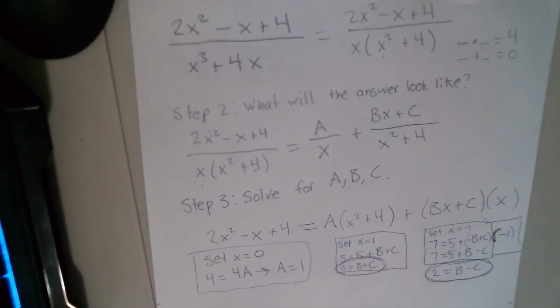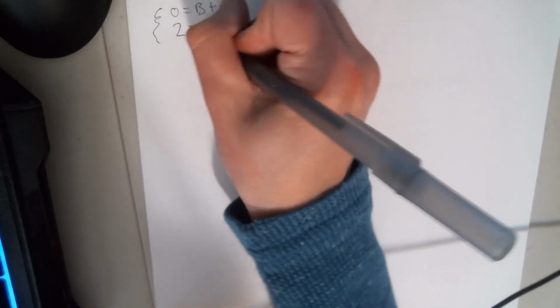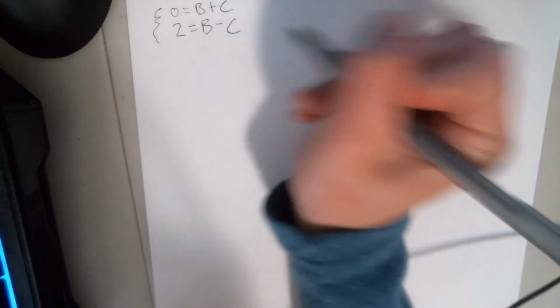So let me get a fresh sheet of paper here. The two equations we found were 0 equals b plus c, and the other equation we found was 2 equals b minus c.